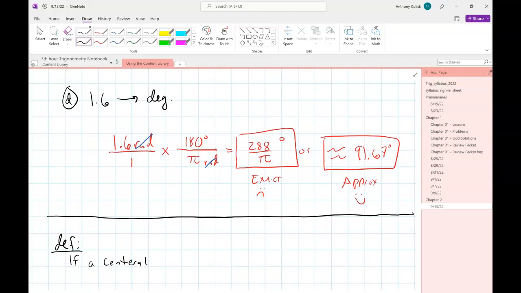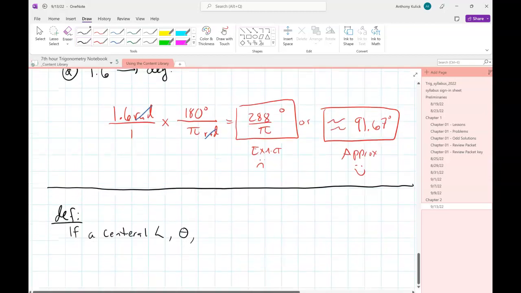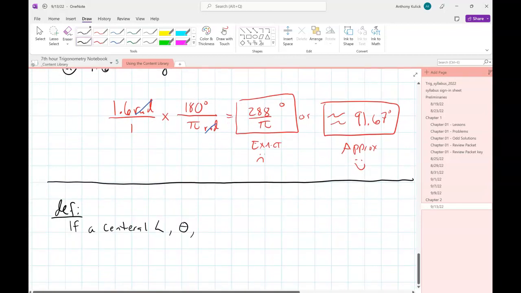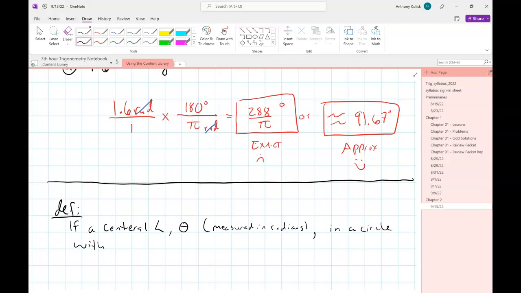If a central angle, that I'm going to represent with the variable theta, that's the Greek letter, it looks like a 0 with a horizontal line through it, that I've measured in radians, in a circle with a radius r, then the length of the intercepted arc, S, is S equals R times theta.